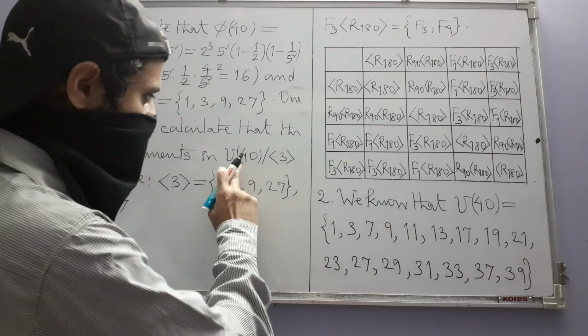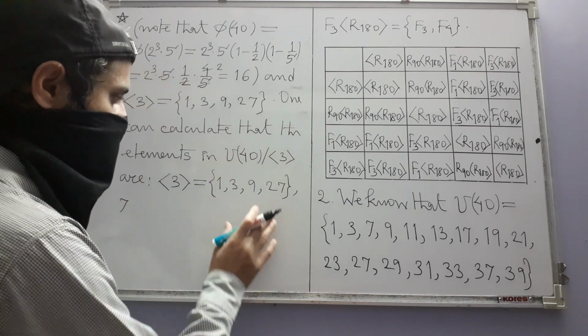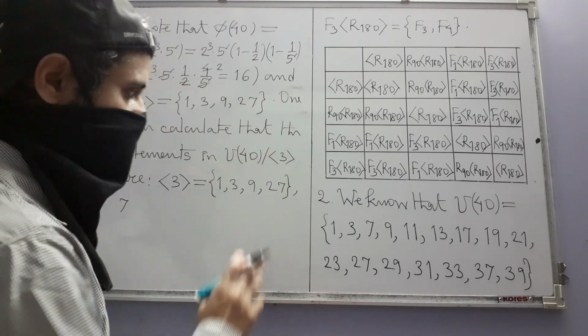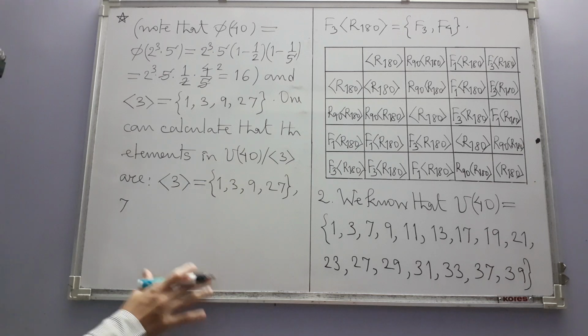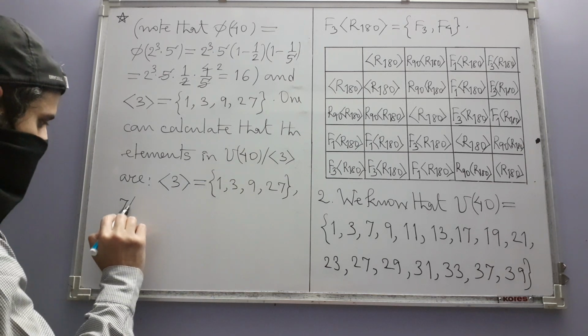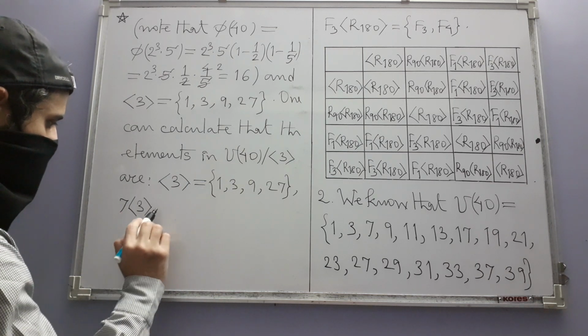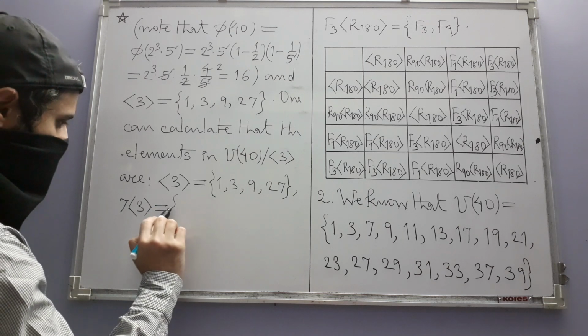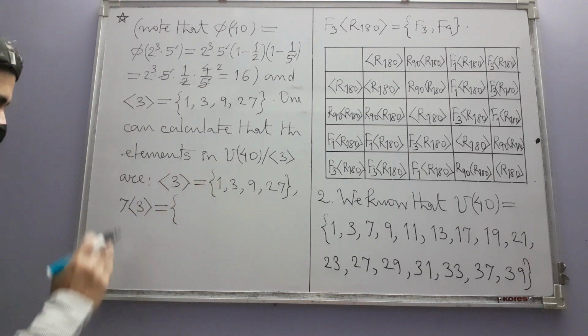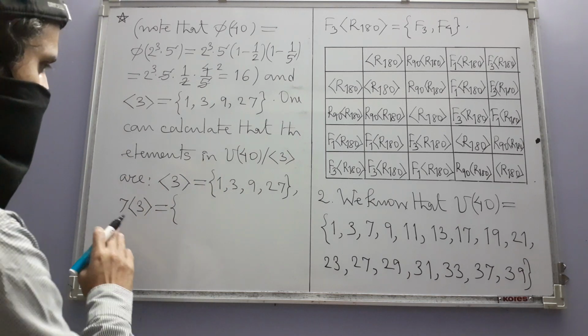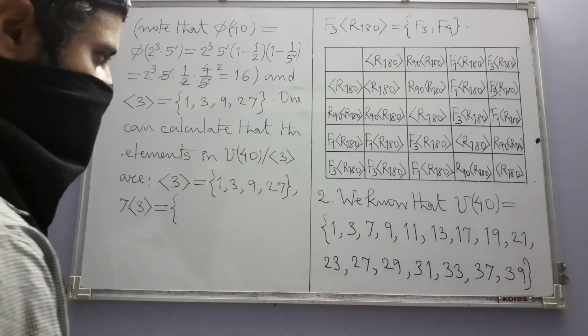So how many elements will there be here? 16 divided by 4, which is 4. So just like that one, here also you will have 4 cosets. So you have to multiply, and in this case the binary operation is multiplication modulo 40.